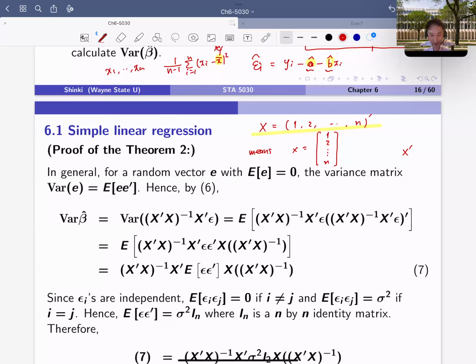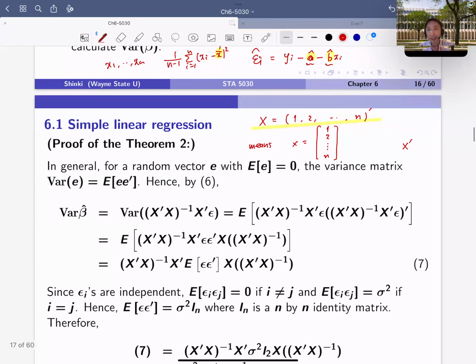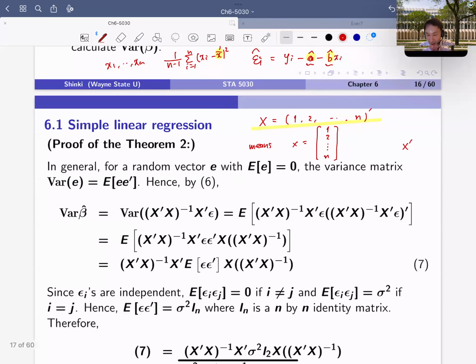That's why it's easier to define row vectors. But if you want to define a column vector in a sentence, sometimes you use the transpose symbol. That's why we often see the transpose symbol, even though we can define the column vector directly.